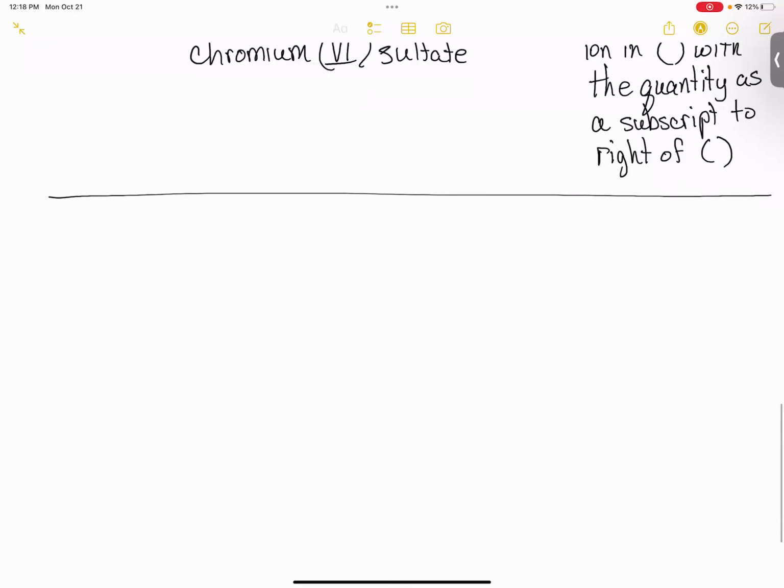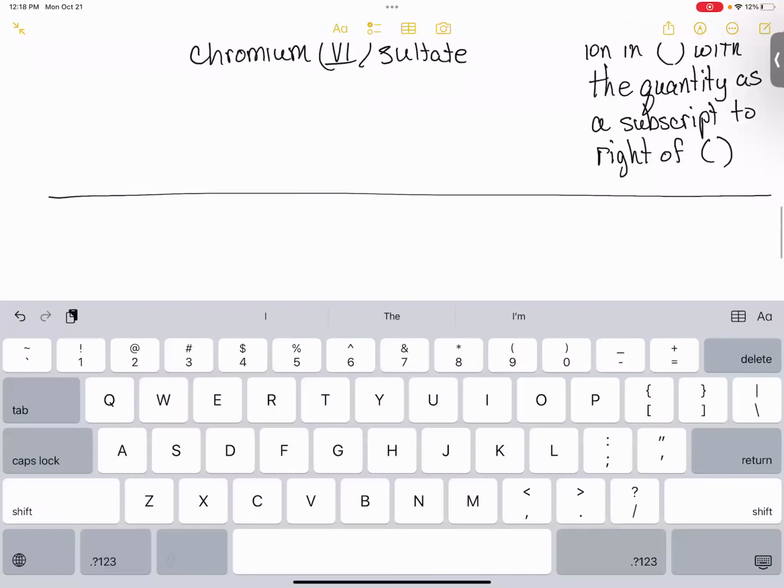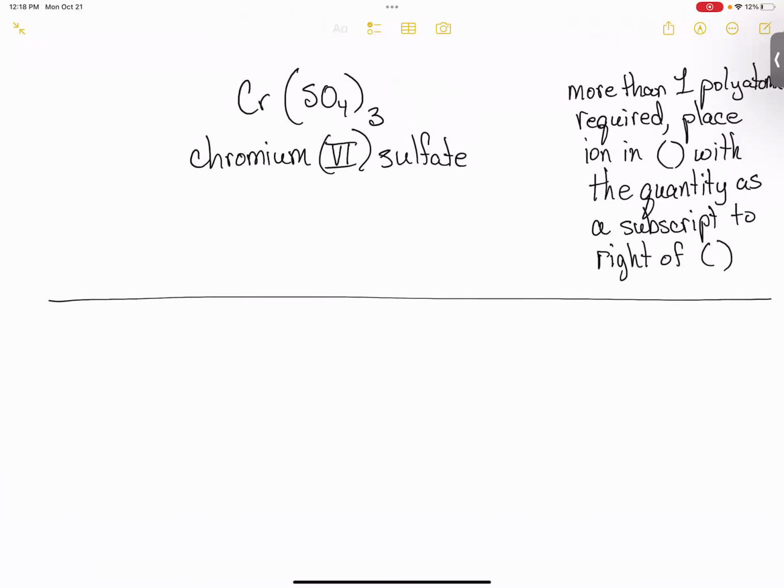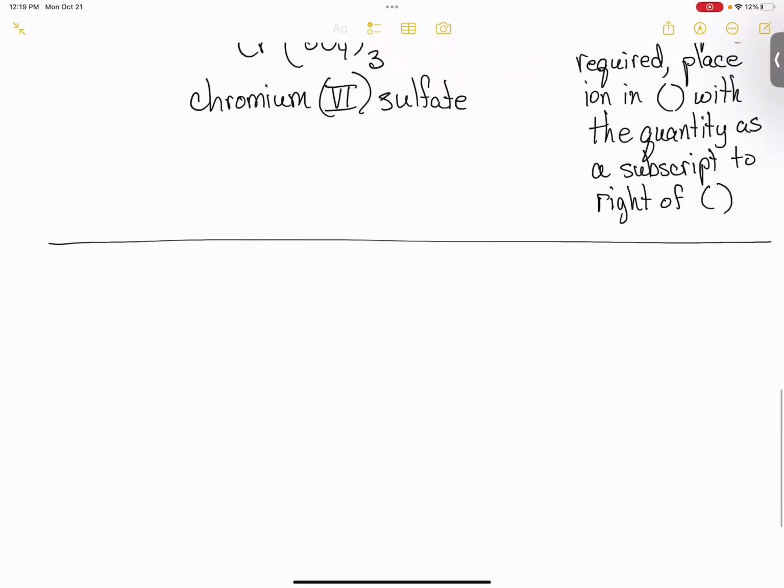Let's take the sodium one, or sodium, and the oxide. You cannot see it written in this format, but there is a 1 here.